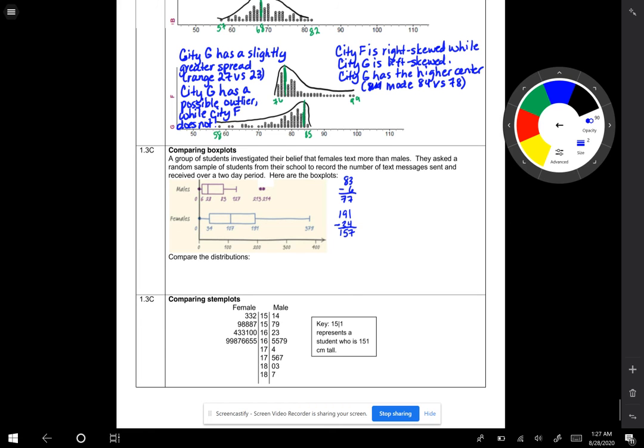And honestly, we can just describe the distribution based on what we have there. Females is rather right skewed. This one is not as much, but it's still skewed right. So both distributions are right skewed.